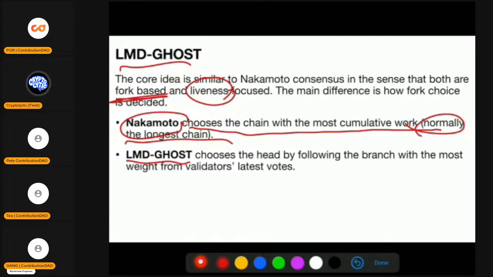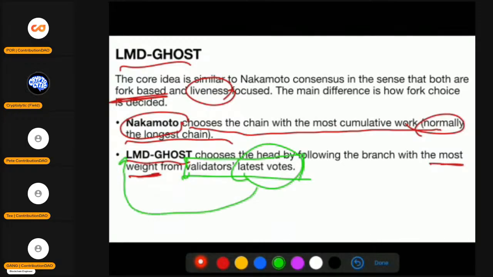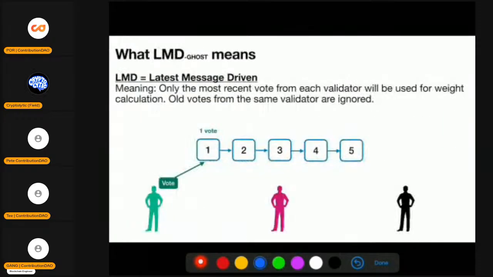It chooses the fork based on the most weight from the validators' votes. And these votes come from the LMD, which means latest message driven. And the most weight comes from the GHOST part, which stands for greedy heaviest sub-tree. And we will see how it works.